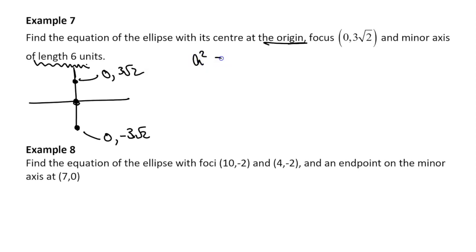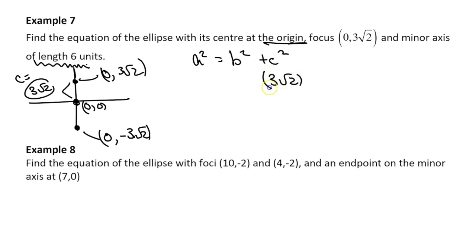If we say a squared equals b squared plus c squared, and our c value from 0, 0 up to 0, 3 root 2 is a height of 3 root 2. And so that means that our c value would be equal to 3 root 2.